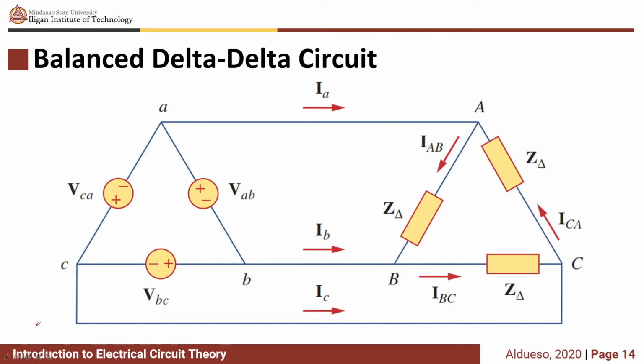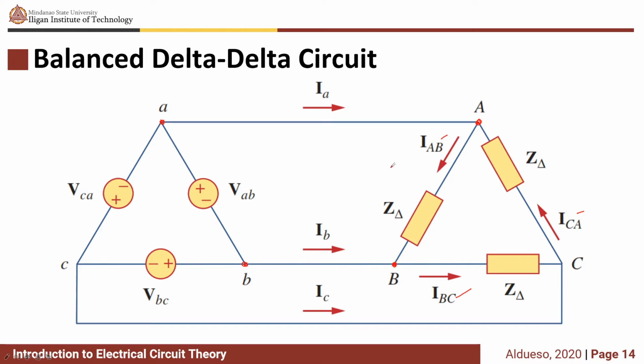So the next configuration is a balanced delta-delta circuit. If we have this configuration with no line impedance, we can get directly the phase currents. If you look at the circuit, voltage VAB is just in parallel with this branch right here.